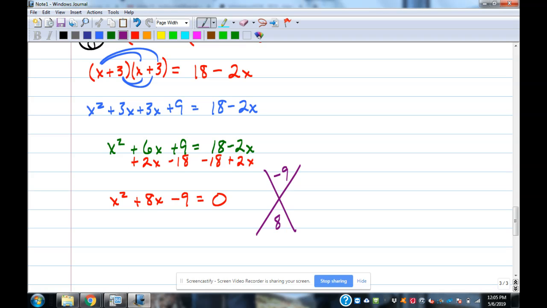What multiplies to be 9? 3 times 3. But 3 plus 3 won't be 8, right? So there's no way it's that. What else multiplies to be 9? 9 and 1. To multiply to be negative 9, one of those has got to be negative. Which one needs to be negative so that it adds to be 8? The 1. All right. I can take my shortcut on factoring here because there's a 1 in front of x squared. So that means my factors are what?